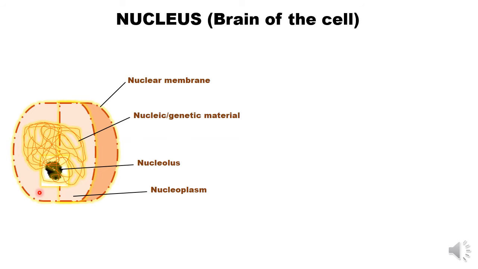Just like the cell has cytoplasm, even inside the nucleus there is nucleoplasm. What else is there? There is an entangled mass of threads. This entangled mass is actually long lengths of DNA which constitute the genetic material, and we call it chromatin.